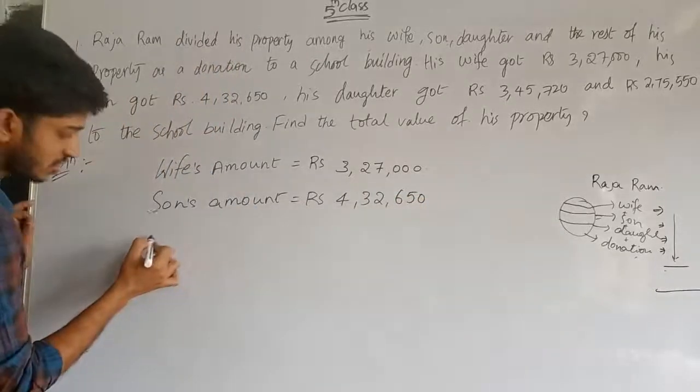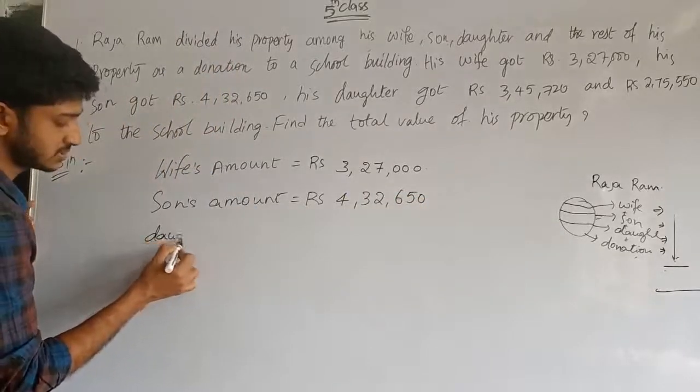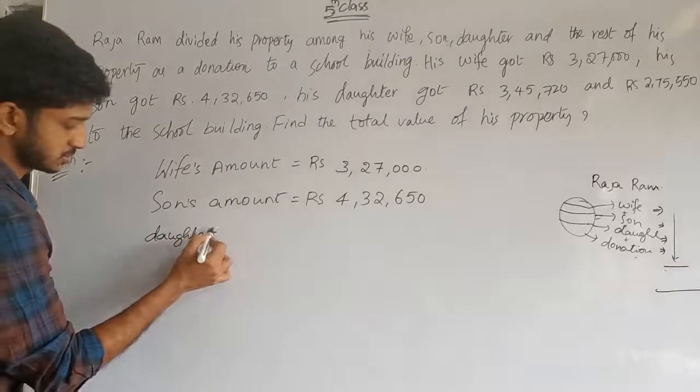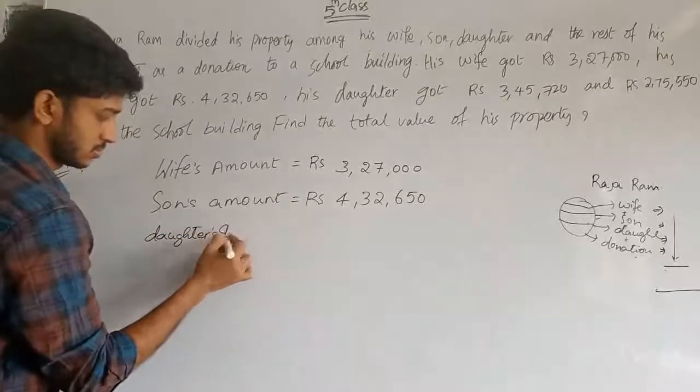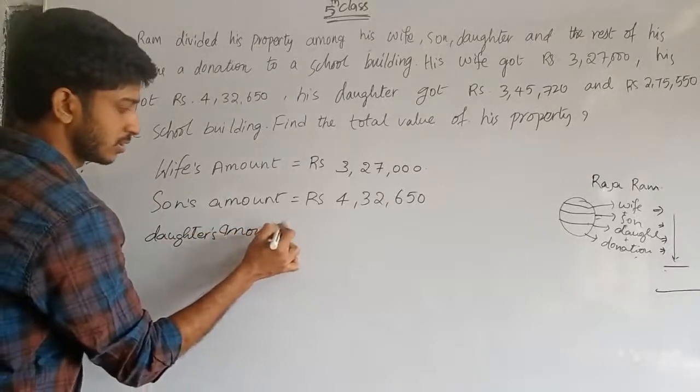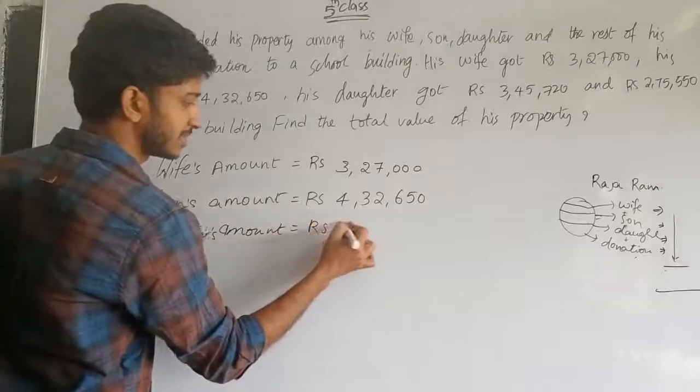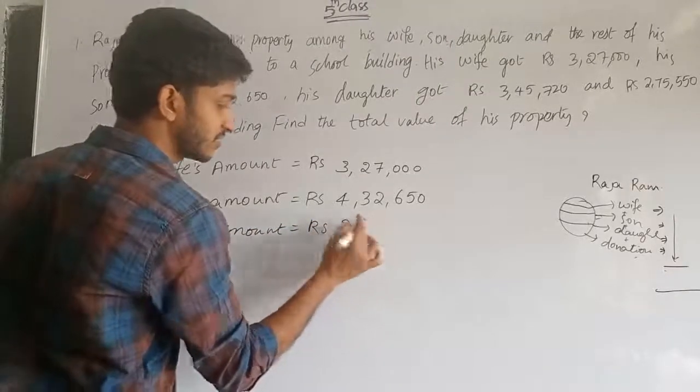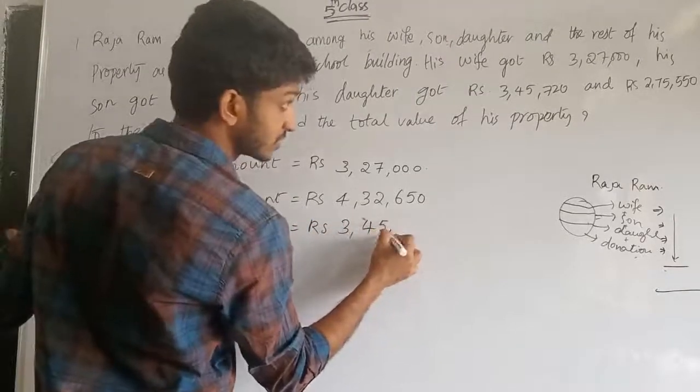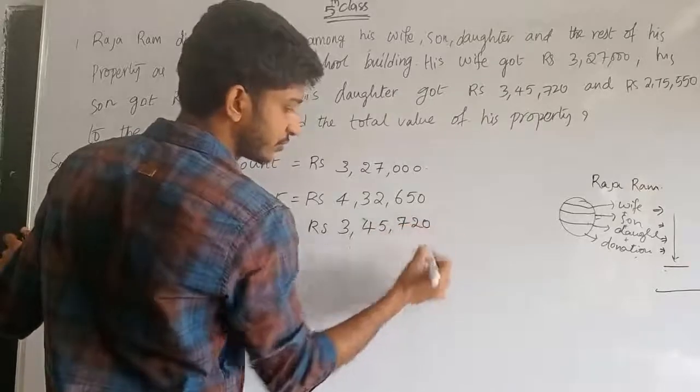And his daughter's amount equals 3,45,720 rupees.